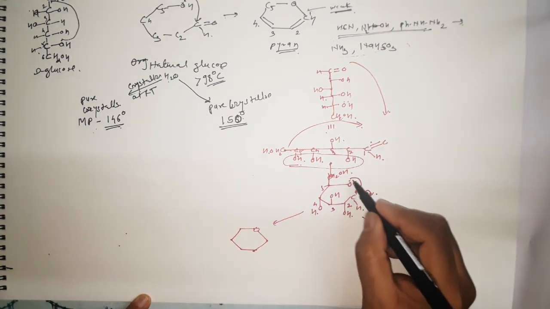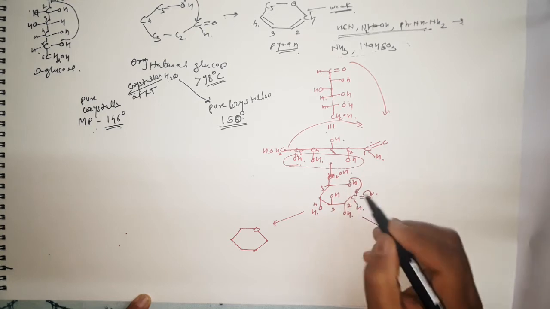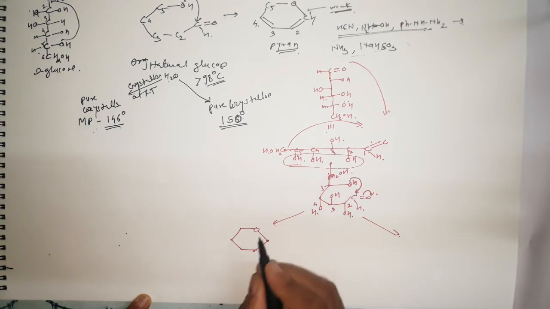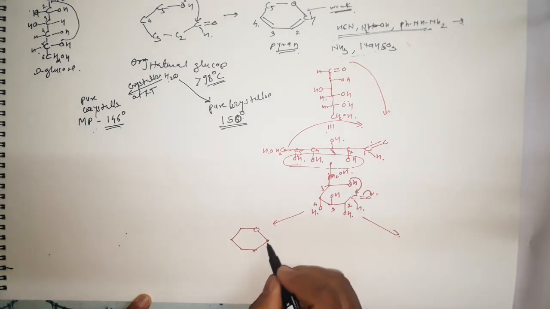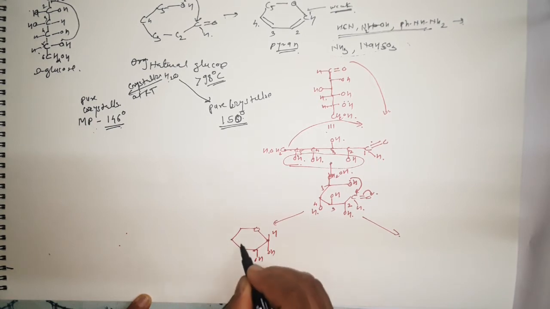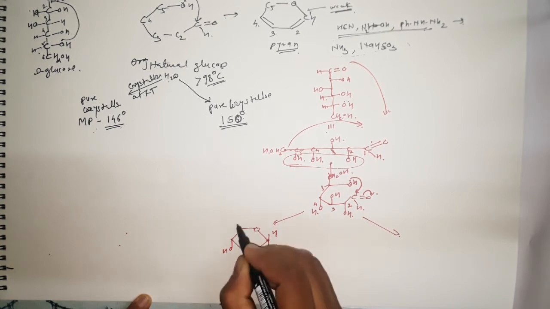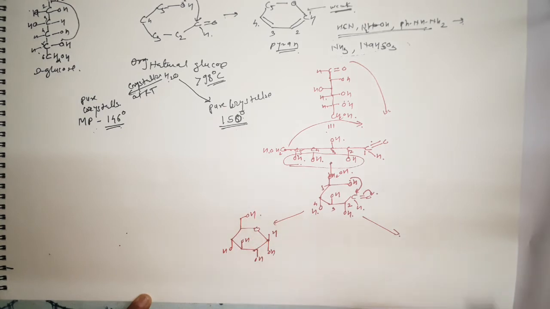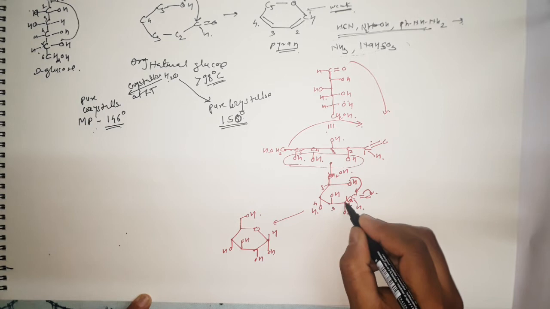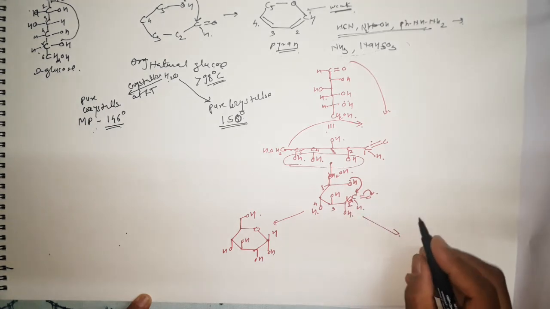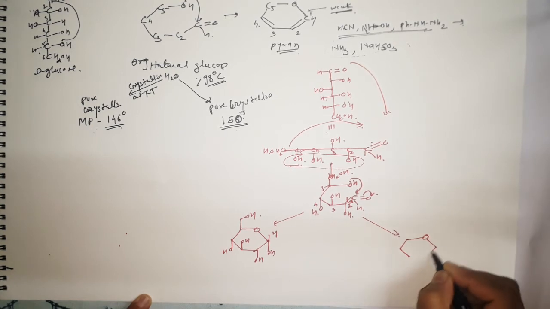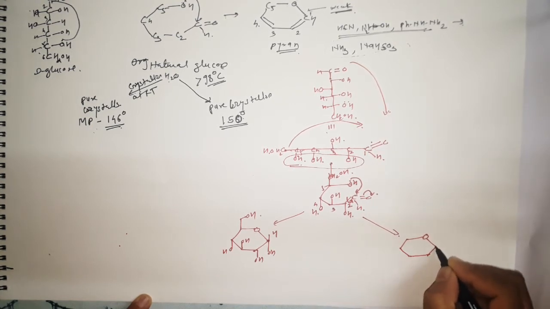Here, once the ring is formed, this carbon is an asymmetric carbon. So if you rotate this carbon, then you will get the other stereoisomer.